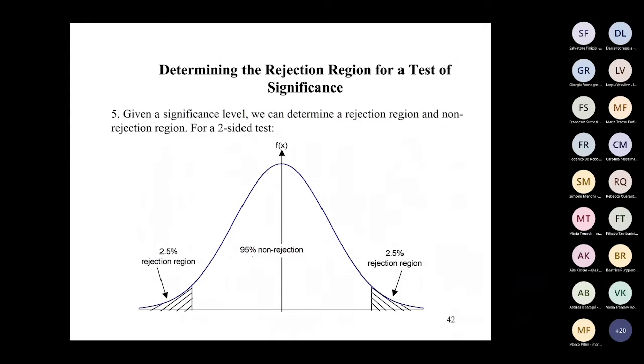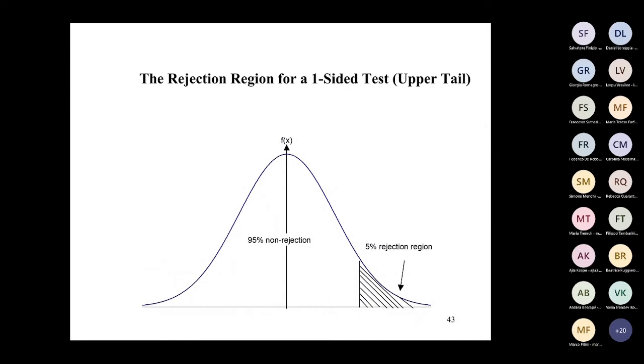Okay, now we have a rejection and non-rejection area. So here we have 0, and usually here we have 1.96 and here -1.96.